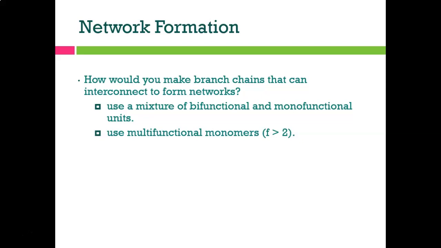We can use a mixture of bifunctional and monofunctional units. Please always recall what is bifunctional and what is monofunctional. Bifunctional means that you have two functionalities in a monomer. Monofunctional means you have one functionality in a monomer, and you can use a multifunctional monomer, which has more than two functionalities.